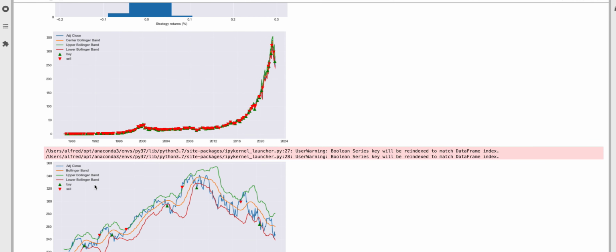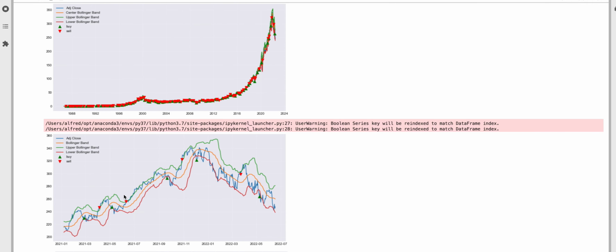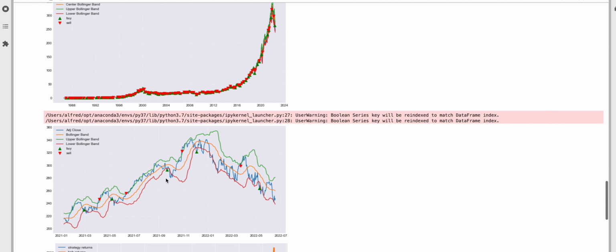From the plot, we could see the buy and sell signals were consistent with the strategy: when the adjusted close price is above the upper Bollinger Band is a sell signal, and when the adjusted close price is below the bottom Bollinger Band is a buy signal.